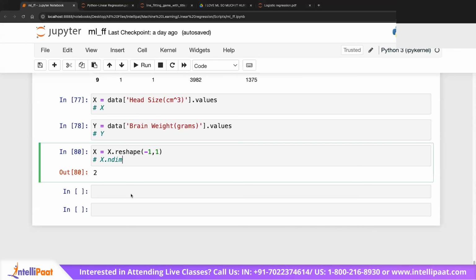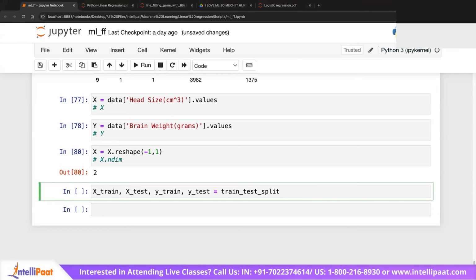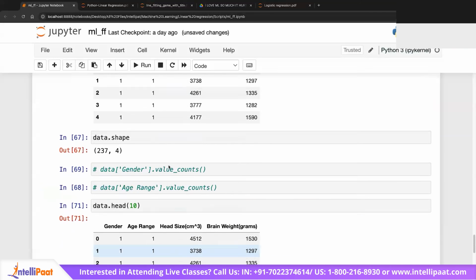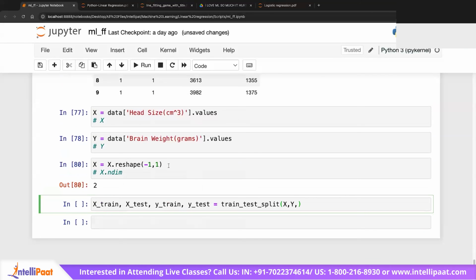Now that we have reshaped the array, I take x_train, x_test, y_train, y_test. Call this method called train_test_split, and inside this pass the values of x and y directly.